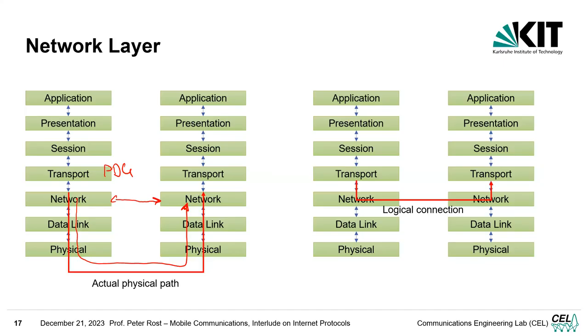A good example is the mobile communication network, for instance 5G, which is not using Ethernet. Compared to a Wi-Fi network or a fixed line network where Ethernet is used, on top of both you can establish the same network layer connection, in this case an IP connection.